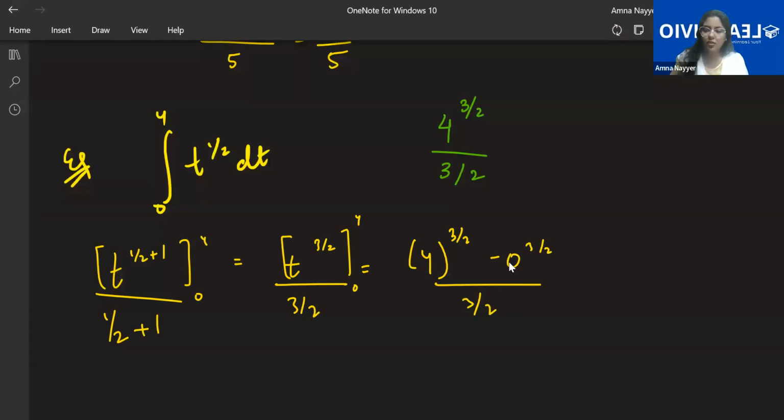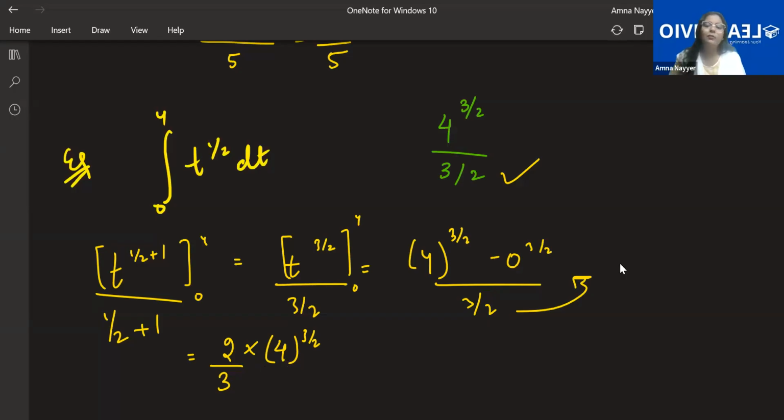See, Safa, just one or two things. Till here, your answer is absolutely right, but you can write it in a better way. This 3 by 2 is here. Shift 2 up, so it will be 2 by 3 into 4 to the power 3 by 2. Because right now you have 2 by 3, 3 by 2, sometimes it can get cancelled.